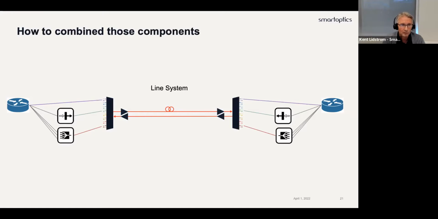You can use transponders in the middle, where you have a gray interface in the router, typically 1310 nanometer and 1550 nanometer optics going into a transponder, where you convert that into some kind of wavelength with typically some added value. I'll come back to that shortly, and take that into the filter. Or a muxponder, where you have multiple services going into the muxponder, and you do TDM multiplexing, and then on the optical side, you go out with a higher bit rate, where you have been able to multiplex all the incoming clients into a higher rate.